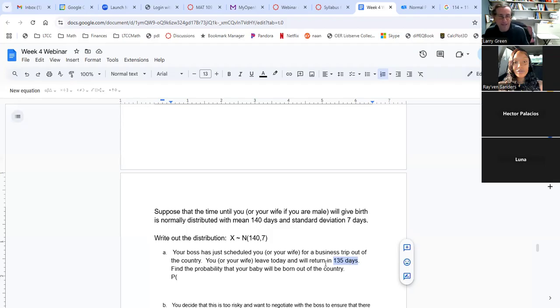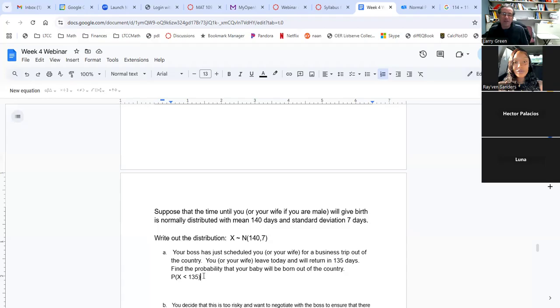So that means that the baby is born less than 135 days from now. So that is X is less than 135. You can also say between 0 and 135, but that's a little complicated. It doesn't make any difference for this problem. But less than 135. Any questions on that?